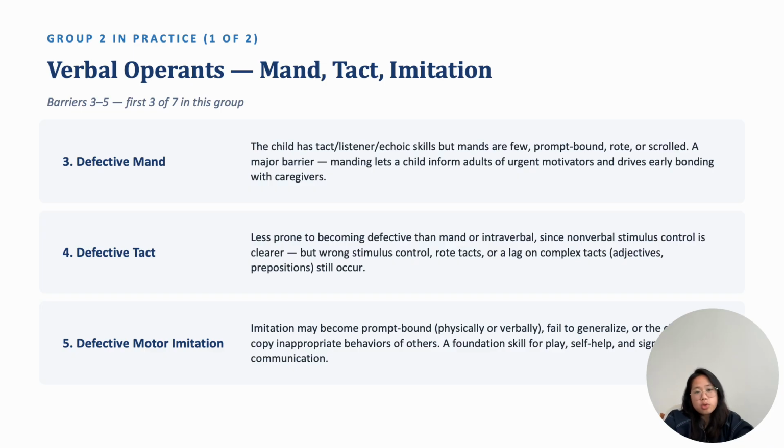Whereas defective motor imitation, like imitation may become prompt bound, either physical or verbal, may fail to generalize across conditions, or in a less obvious problem, the child may start copying inappropriate behaviors modeled by others. So motor imitation is a foundational skill underneath play, self-help, and sign-based communication systems.